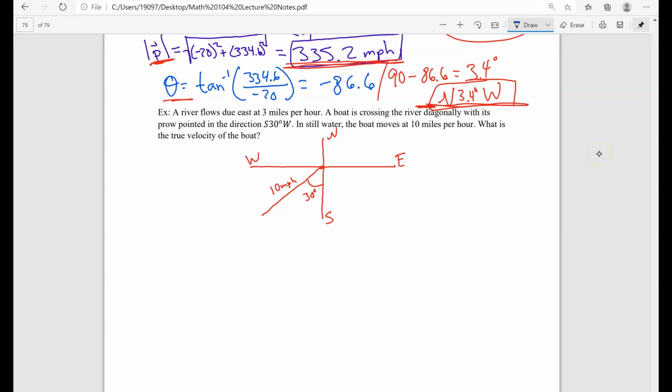But that's not the case. We actually have this river that's going due east, so it's going this way, because east goes this way. And this is going at 3 miles per hour.